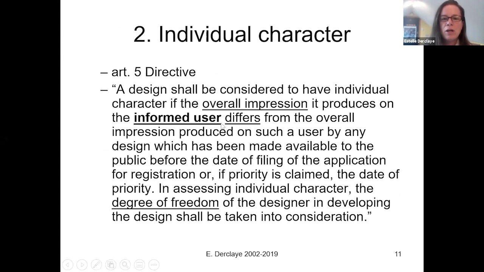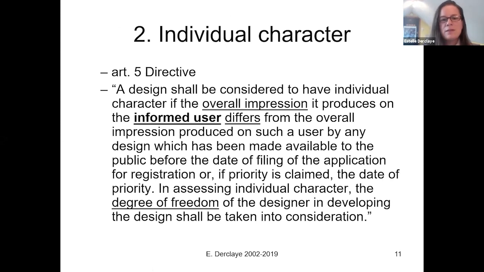So if we go here, it says in the directive that if the overall impression on the informed user does not differ from the overall impression produced on the user by the other design, then it is infringed.